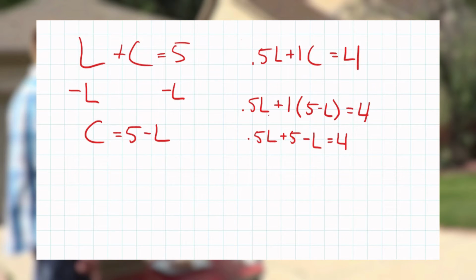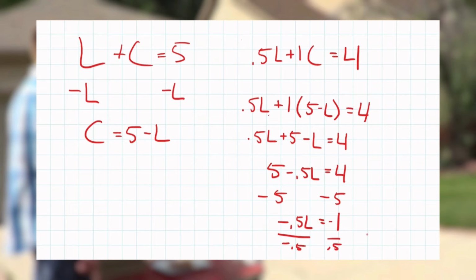We can then add like terms together and get 5 minus 0.5L equals 4. We can solve for L by subtracting 5 from both sides of our equation to get negative 0.5L equals negative 1. By dividing both sides by negative 0.5, we get L equals 2.